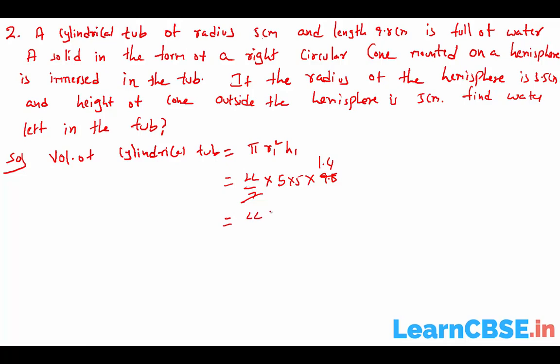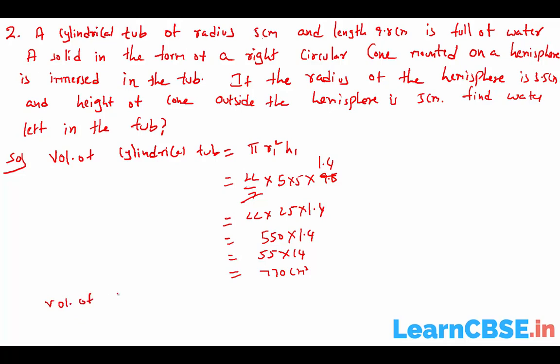So 22 into 25 into 1.4, it gives 550 into 1.4, that means 55 into 14, which is 770 centimeter cube.